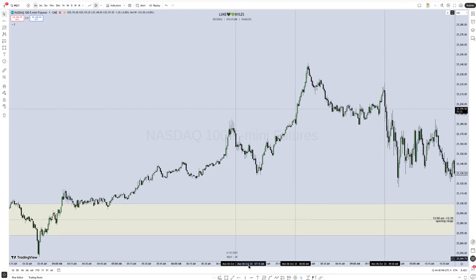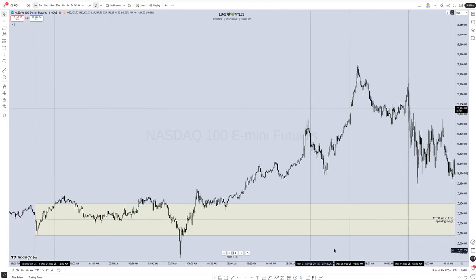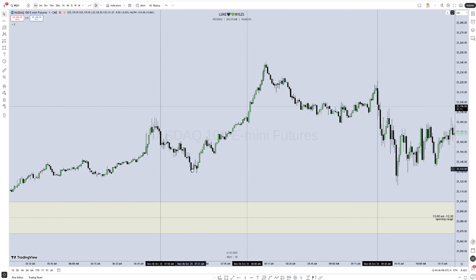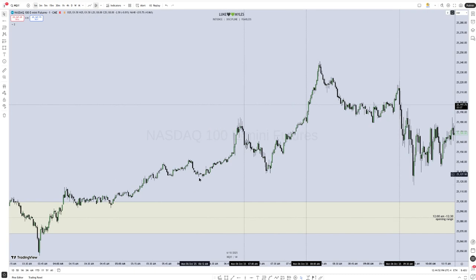I want to pull your eyes to the draws on liquidity for 7 a.m. So 7 a.m. opens up with a drop, going for these lows. 7 a.m. prints for you a model that will give you insight about what will happen in the day.